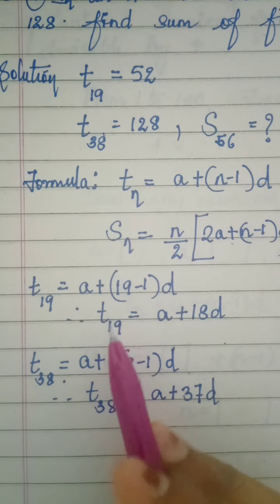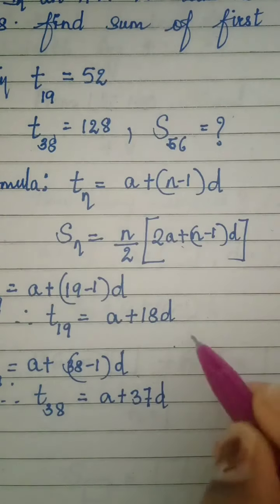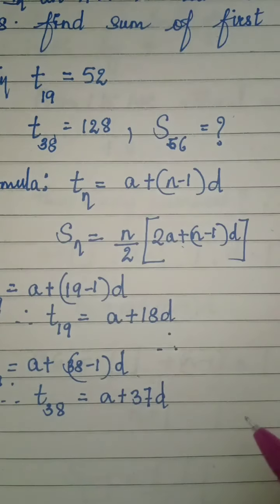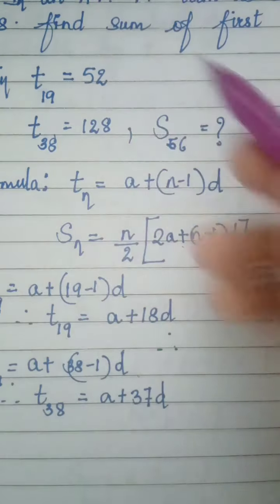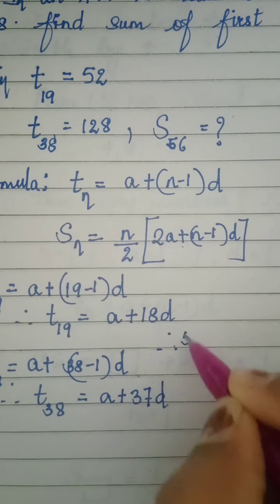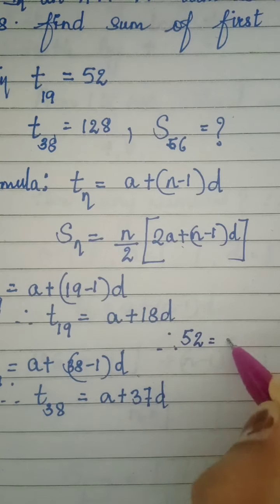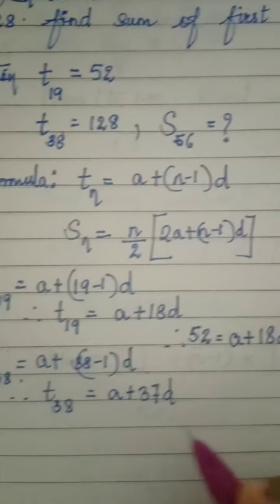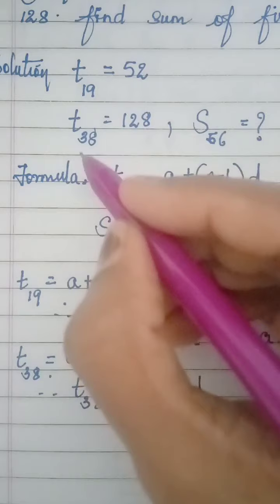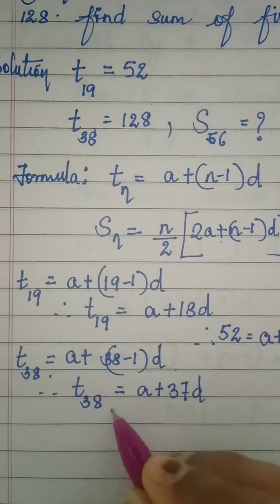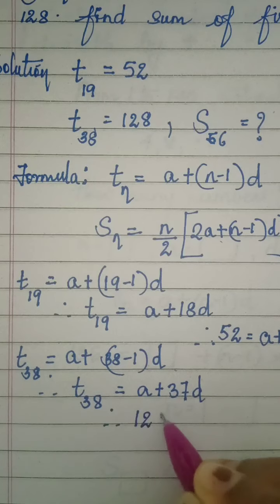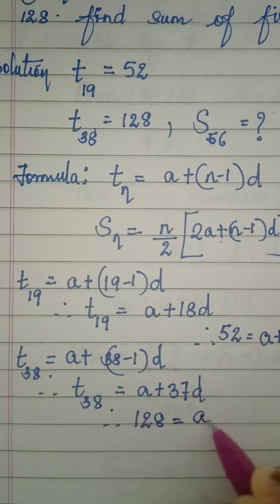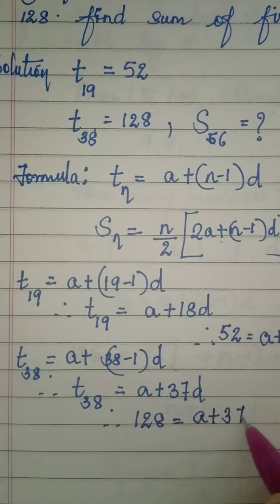Here itself I will mention it. T19 is 52. So 52 is equal to A plus 18D, and here T38, 38th term is 128. So therefore 128 is equal to A plus 37D.